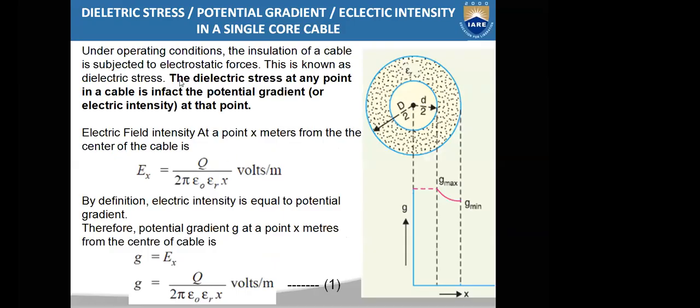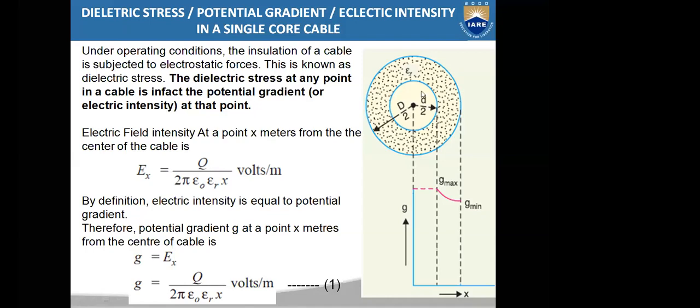Then dielectric stress. Dielectric stress is also known as the potential gradient, which you can also call electric field intensity. Dielectric stresses are developed because of the currents flowing through your conductor.